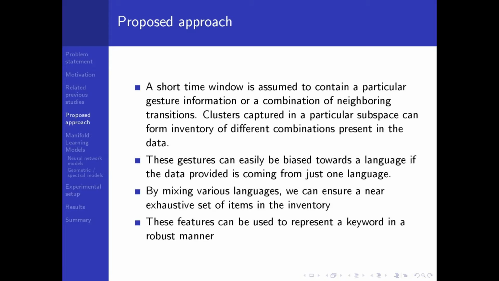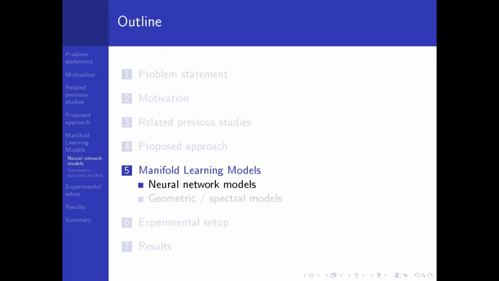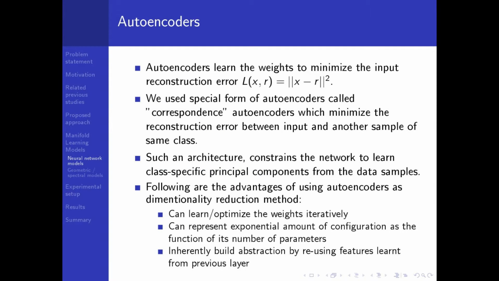Now let us look at the models that we have used for learning these representations. First, we explain autoencoders, which are also called auto-associative neural networks. These are deep neural networks which take input and output as some data sample point and minimize the reconstruction error.